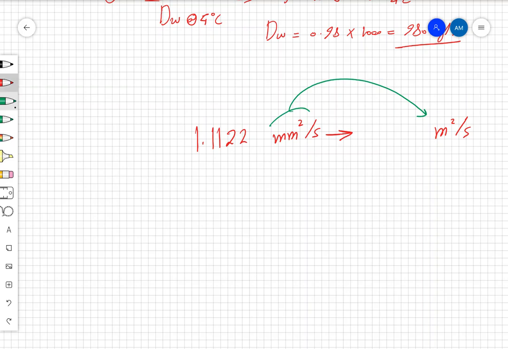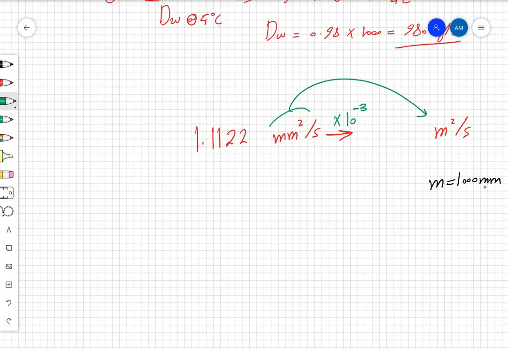And we know that the meter has 1000 millimeter in it. So to do that, we multiply it by 10 to the power negative 3, right?